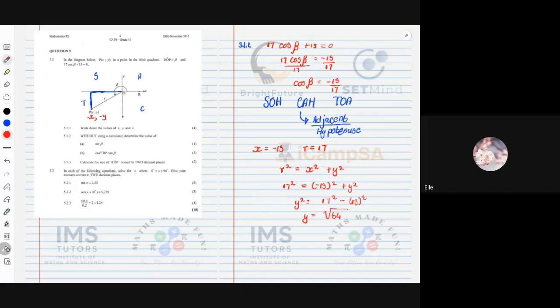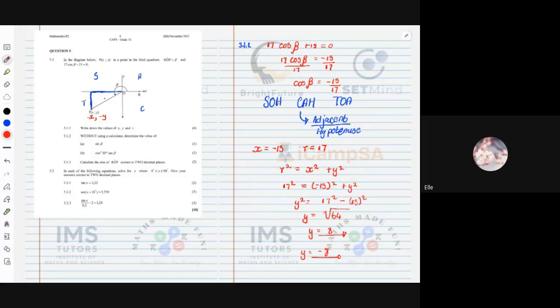And to remove the power of 2, we just introduce the square root on both sides, and then we are left with 8. Square root of 64 is 8. But then you can see that y is in the negative direction, so y is gonna be equal to minus 8. We are getting y is equal to minus 8.